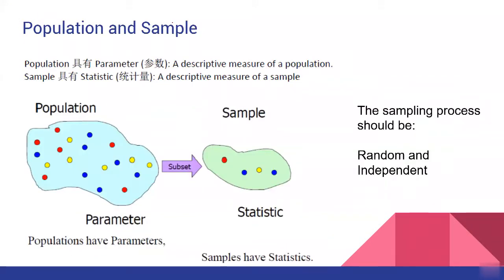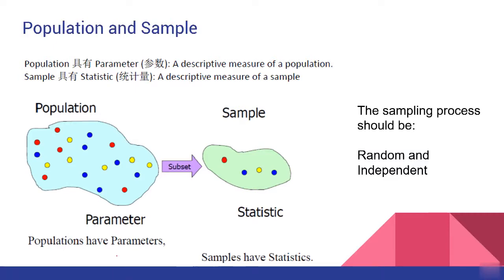And a population usually has parameters. A parameter is a descriptive measurement of a population. And a sample has statistics. Statistics are also a descriptive measurement of a sample. Sampling process should be random and independent.